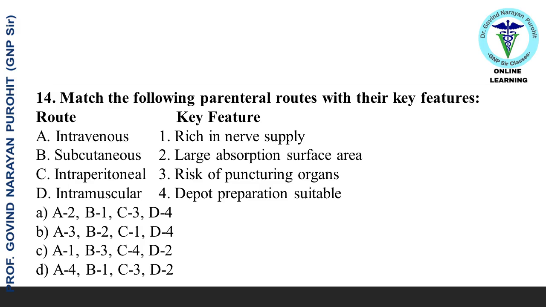14. Match the following parenteral routes with their key features. Route, key feature. A. Intravenous, 1. Rich in nerve supply. B. Subcutaneous, 2. Large absorption surface area. C. Intraperitoneal, 3. Risk of puncturing organs. D. Intramuscular, 4. Depot preparation suitable. A. A2, B1, C3, D4.